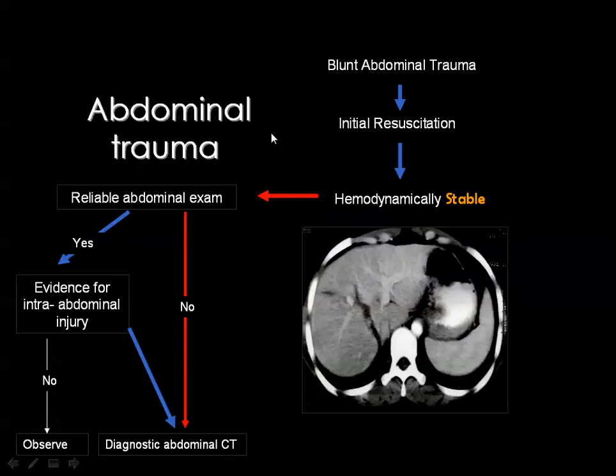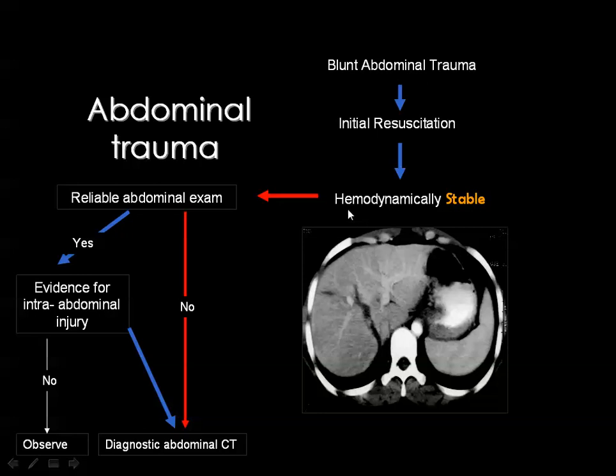And this is a famous protocol for imaging of blunt abdominal trauma. After initial resuscitation, you should identify the state of the patient, whether he is hemodynamically stable or unstable.